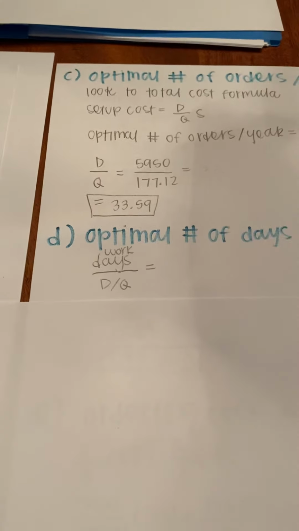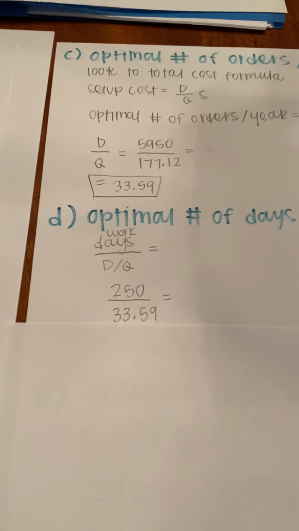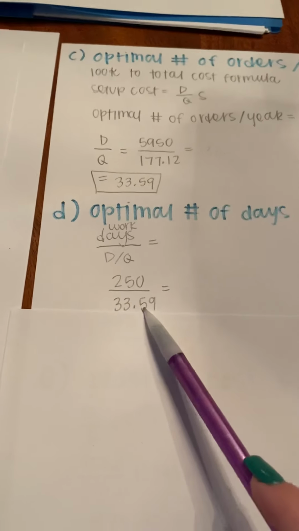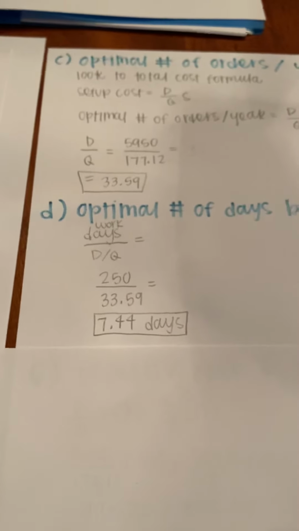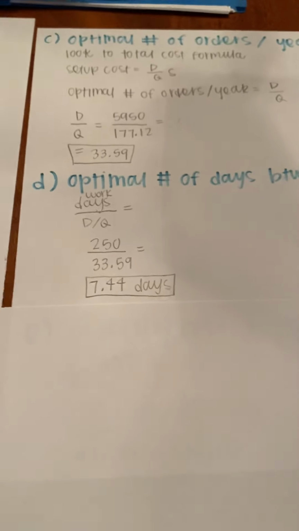So working days divided by D over Q. So 250 working days divided by 33.59 would give us 7.44 days for D. And once again, we round to 2 decimal places.